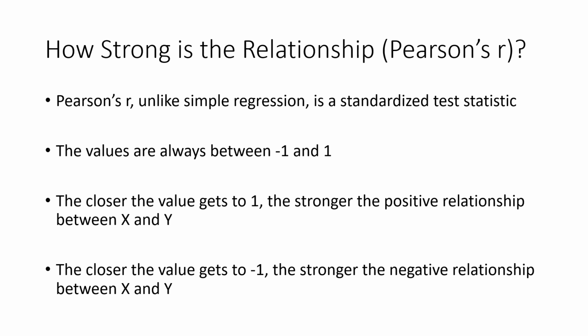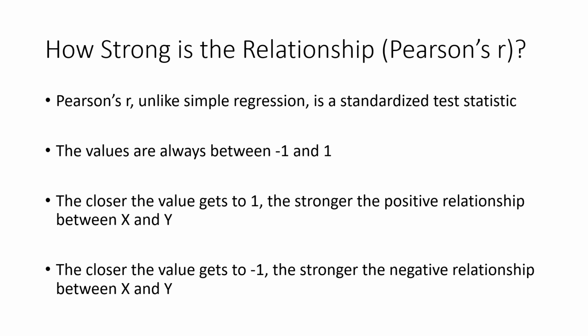A standardized test statistic is a test statistic that, no matter what scale or configuration of variables you're using in your equation, the result of the analysis is always going to be a number between -1 and 1, meaning that no matter what kind of configuration of variables you're using in your regression analysis, if you're looking at the result using Pearson's R, there's always going to be a floor of -1 and a ceiling of 1.